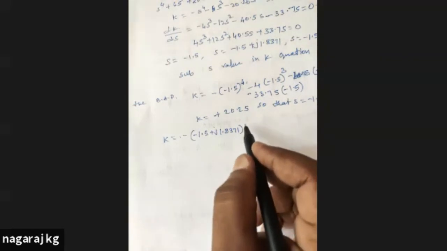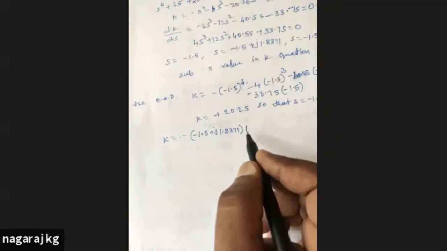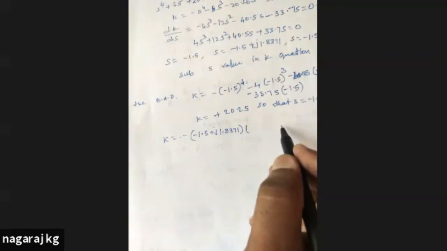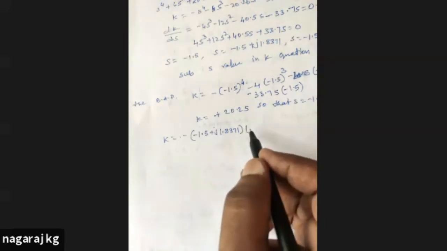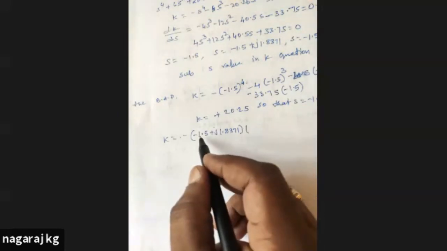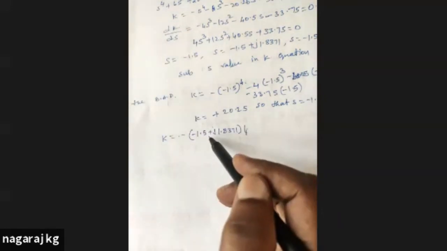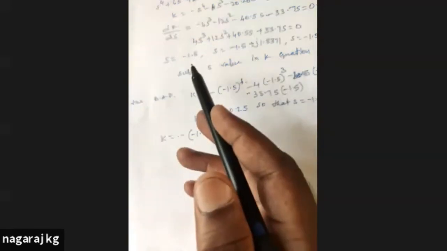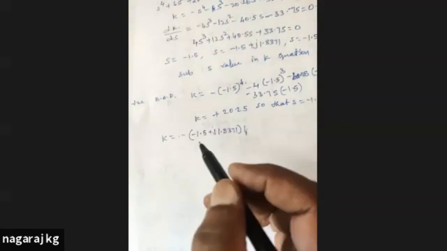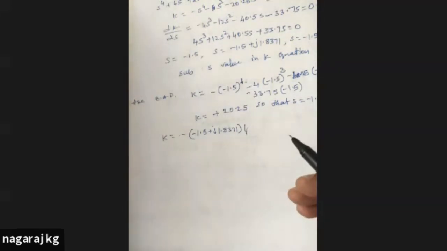You just multiply this 4 times, as you know how to do it in the calculator. First the s to the power of 4 term, you multiply it 4 times and put the answer, and the next term also you calculate like that and find out the value of K. So you need not go for a new procedure. For angle conditions you need not go.